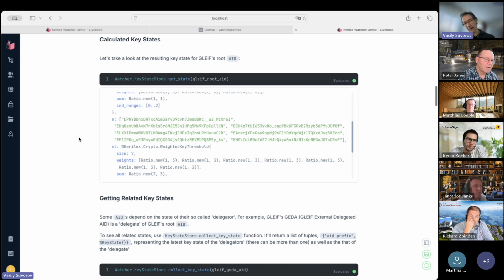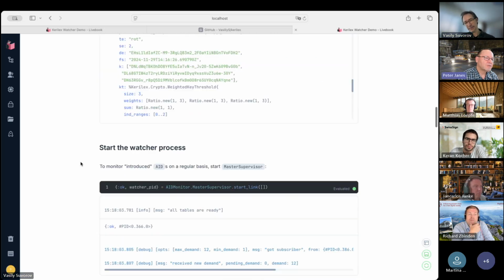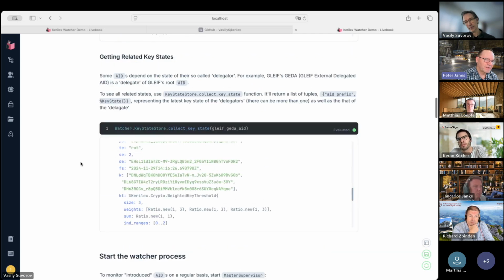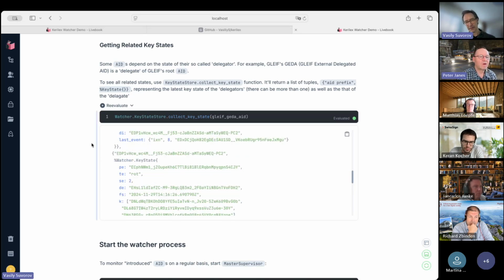I can read your keys, get your state, and verify it. It's on the receiver side. It's for relying parties, not for the issuers. Okay, but for the vLEI, I would have to reach out to one of the official providers. Correct. Got that.